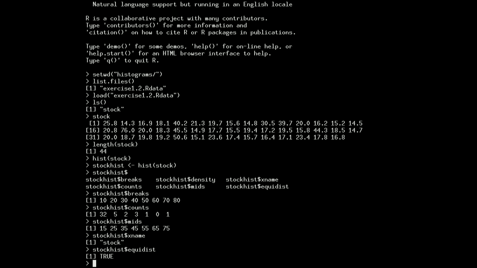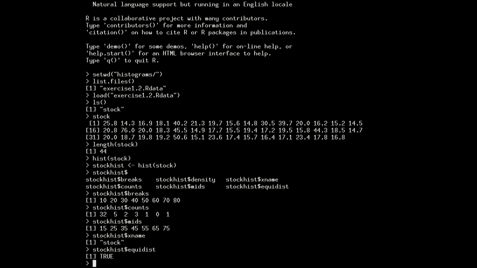Yes, they were. There wasn't anything in our definition that said that our subintervals had to be the same size. So in this case, R did use the same size intervals, and so that variable was just a Boolean value that comes back either true or false. In this case, true, since they were all the same size.